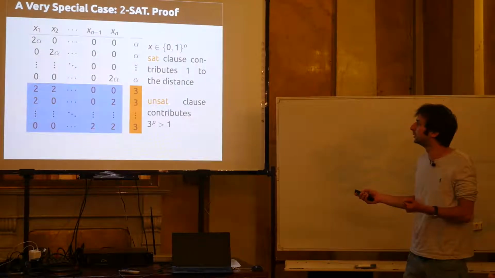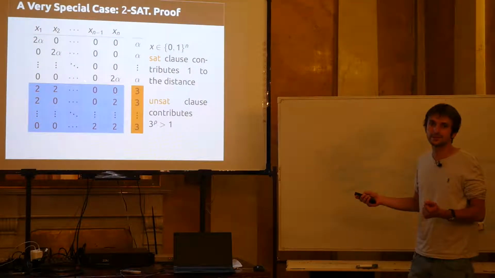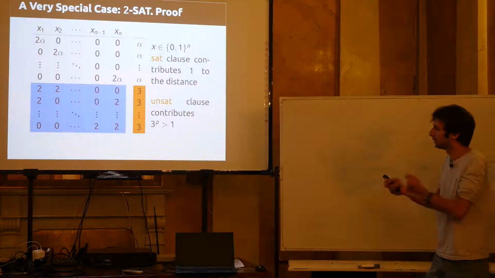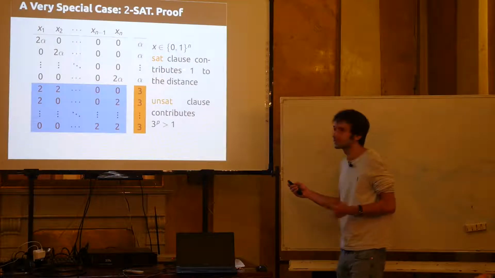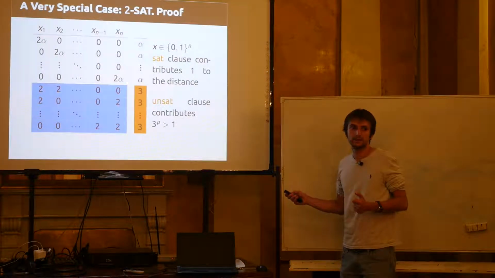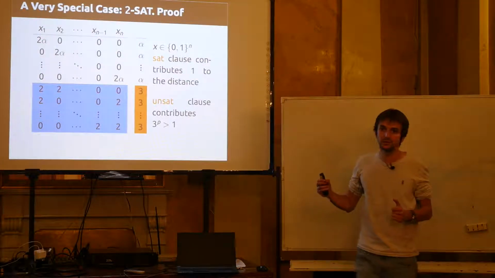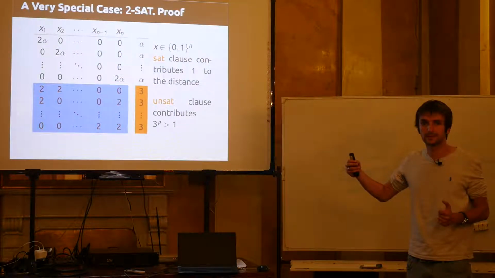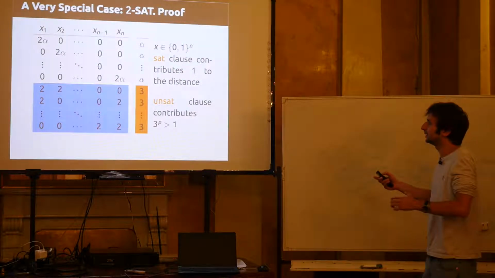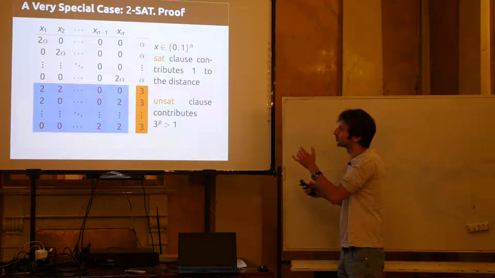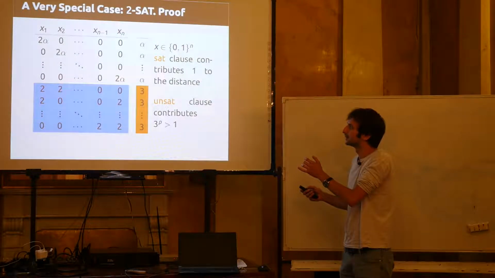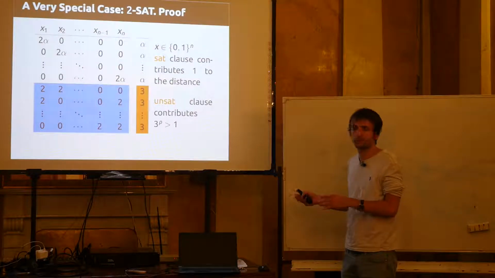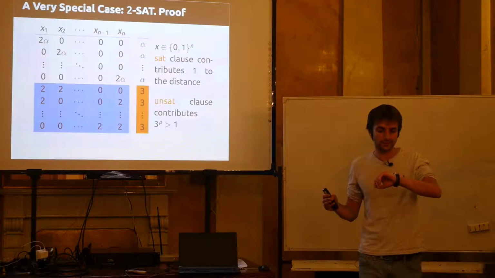But if you don't satisfy this clause, then your distance is the distance from 0 to 3, which is 3 to the p, which is again larger than the good distance. So this gadget lets me distinguish between SAT and unsat assignments. So this means that if there is a close point to this lattice, then the original formula was satisfiable. If there is no such point, then it wasn't satisfiable. Is this clear?